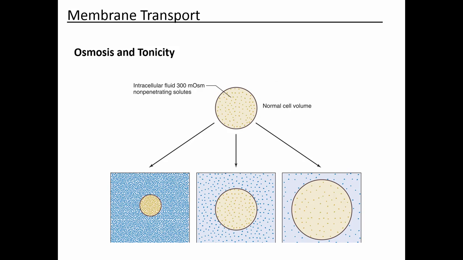A hypertonic solution, when you put a cell in a hypertonic solution, now the higher solute concentration is on the outside of the cell. So now water on the inside of the cell diffuses out towards the higher solute concentration, and that causes the cell to shrink up.